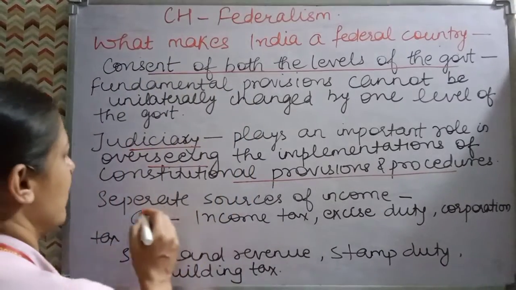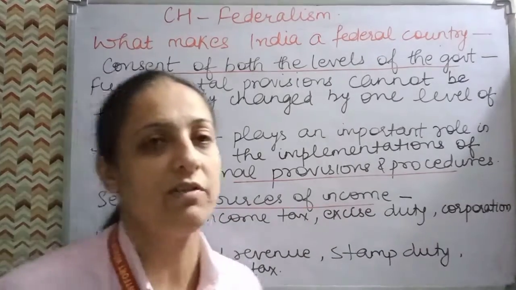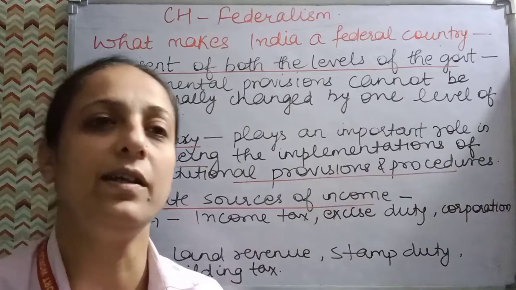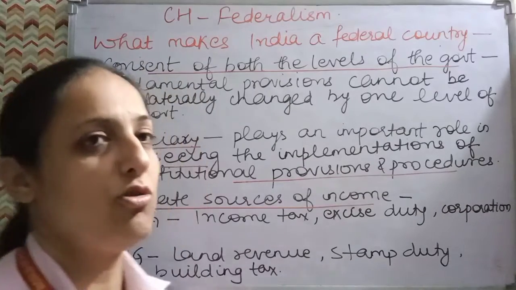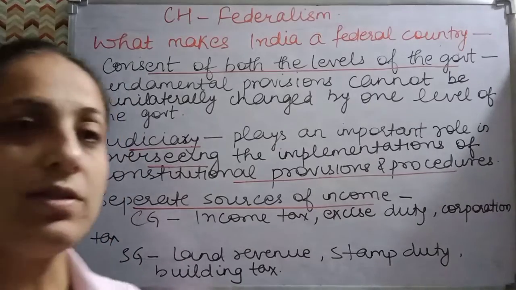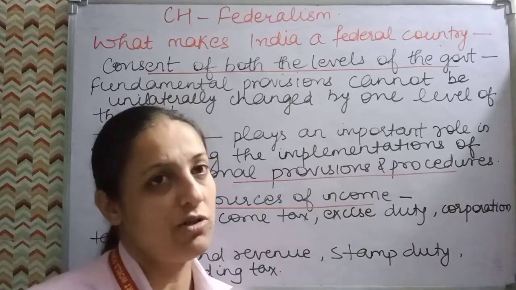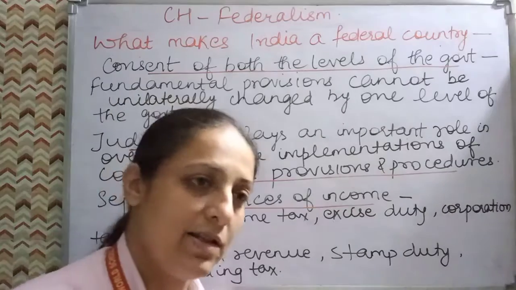Then the separate sources of income, so we have discussed this. Different levels of government are there, so their sources are clearly specified in the constitution. Sources of income, because revenue is needed, then only the central government and the state government will be able to perform their day-to-day functioning and provide salaries.